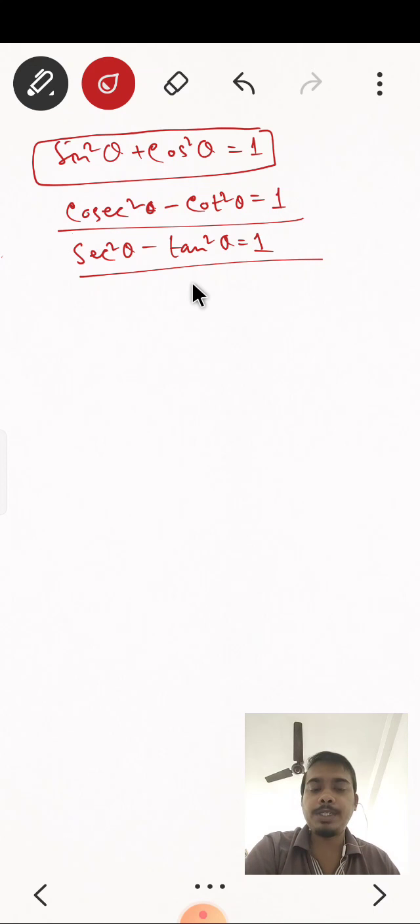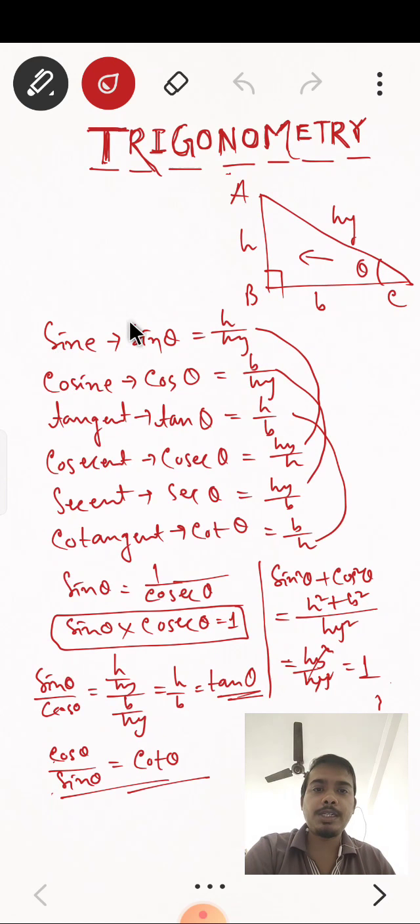At this level we take theta as an acute angle, so theta may range from 0 to 90 degrees, and all these trigonometric ratios have specific values at specific angles. The table of these values is provided in your books, but some of these values are of extreme importance and usage, so we remember those values.